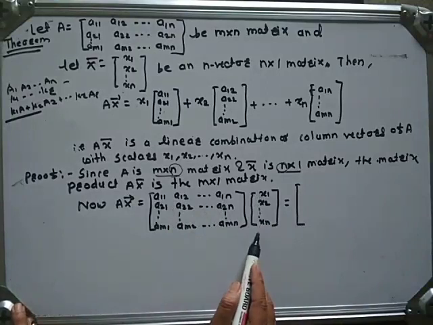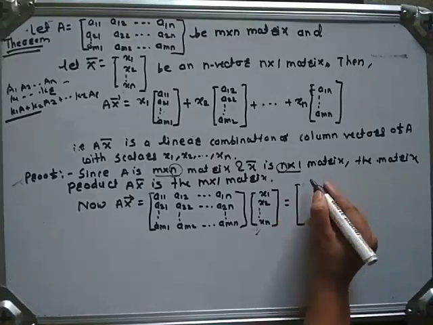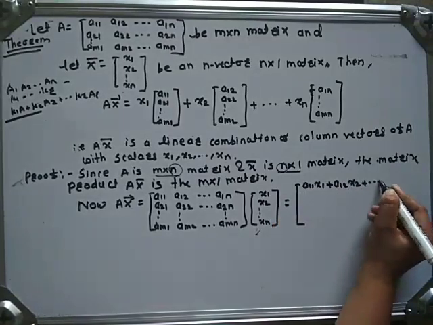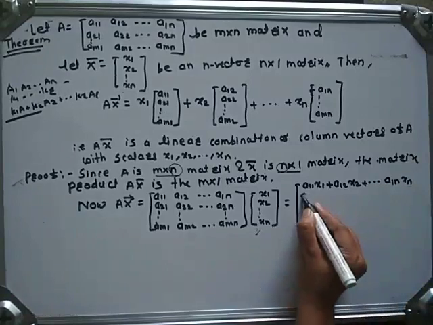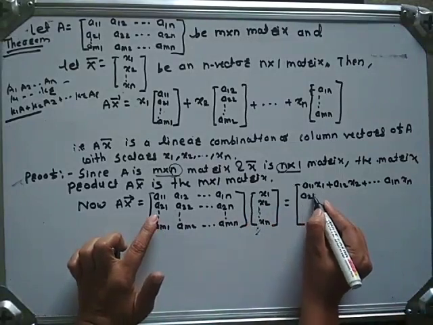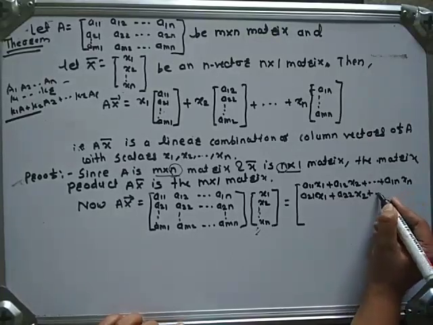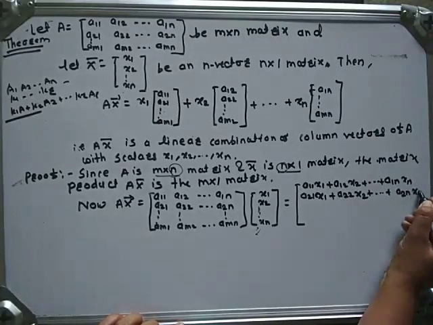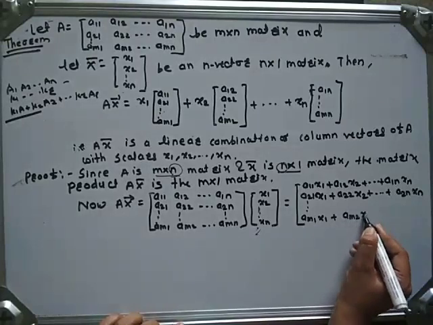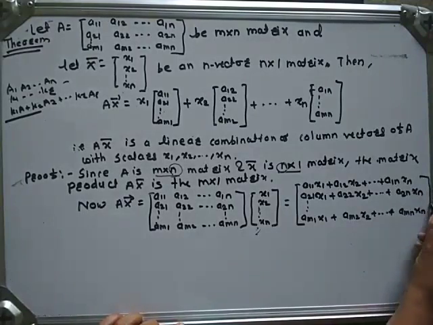First row into this matrix, that is A11 x1 plus A12 x2 plus and so on plus A1n xn. The second entry is the second row into this matrix, we get A21 x1 plus A22 x2 plus and so on plus A2n xn, and so on, AM1 x1 plus AM2 x2 plus and so on plus AMN xn. Okay.